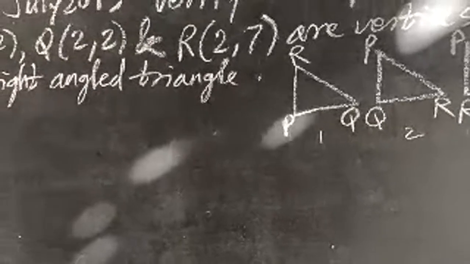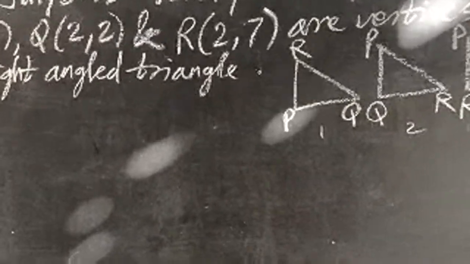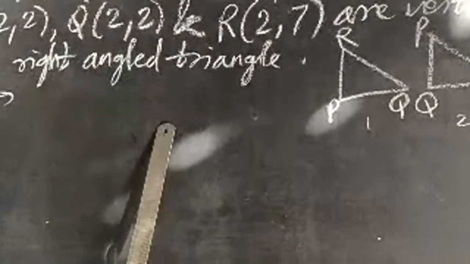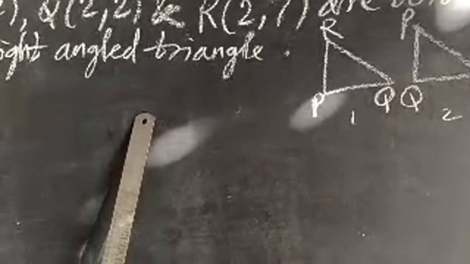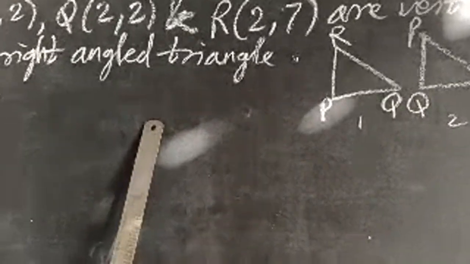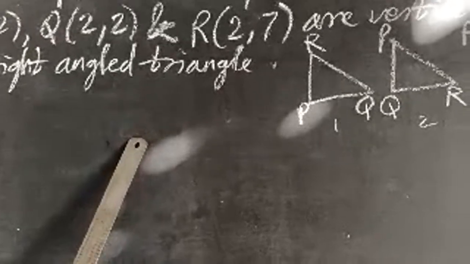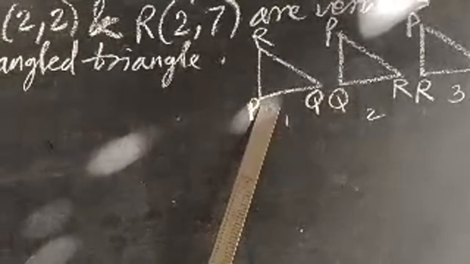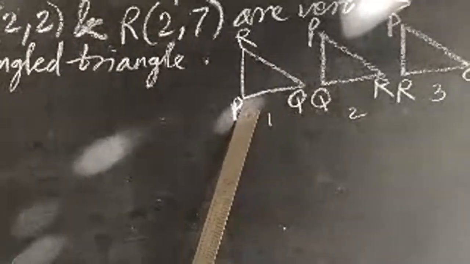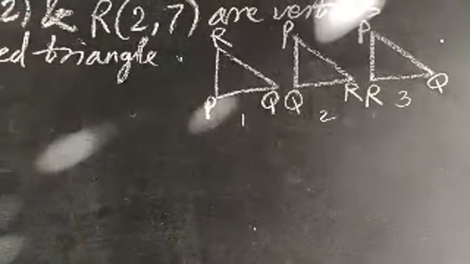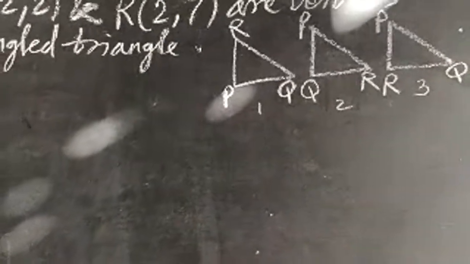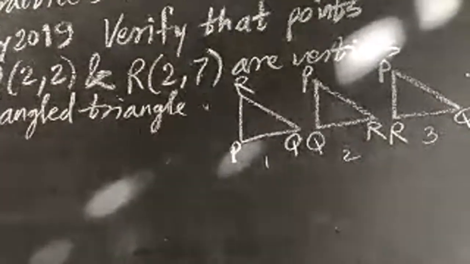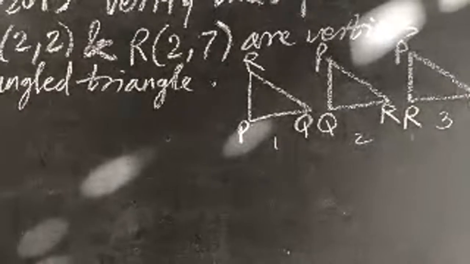What do we find out when we say that points are the vertices of a right angled triangle? No one can tell the answer.